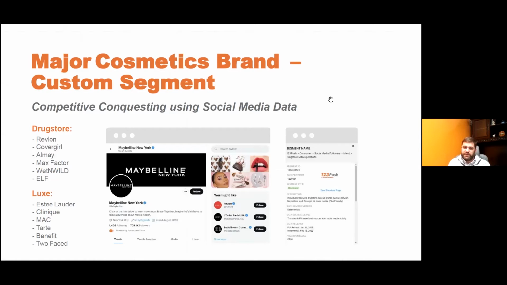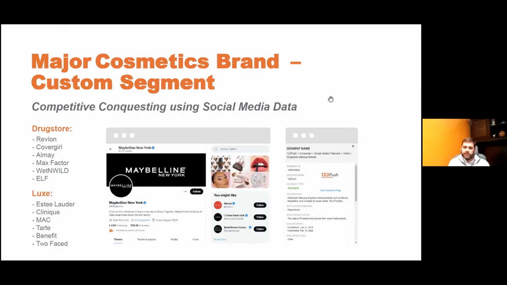Say we're working with a major cosmetics brand, and their goal is to identify audiences that fall into one of three categories: either luxury brand, independent, or drugstore. The reason they know that these are the audiences they want to target is they have specific products and specific creative around each of those verticals.